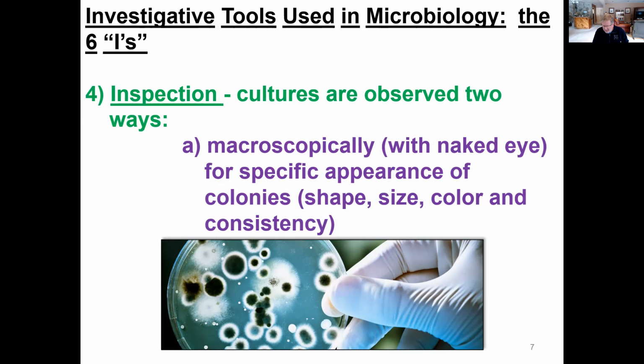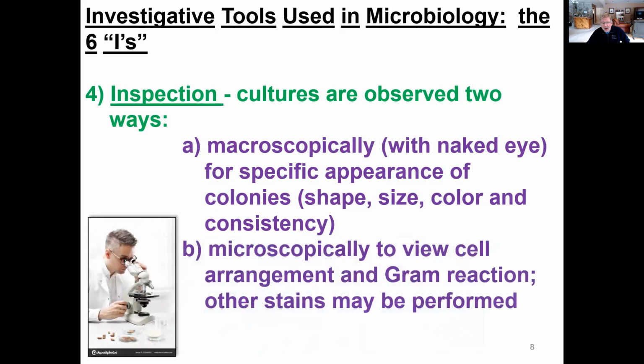We're going to also spend a lot of time in lab looking at these under the microscope, and we'll be talking about microscopy in just a few moments here in chapter 3. We'll be staining our cells to allow us to differentiate between different types of cells. For example, gram-positive and gram-negative cells are examined under the microscope, and you look for specific colors to appear.